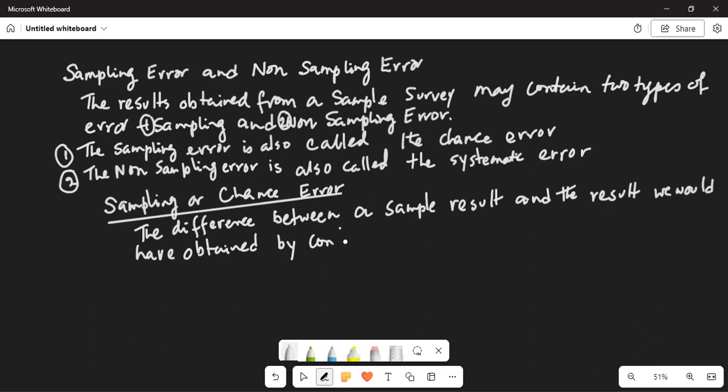Remember, census is a count of the entire population.